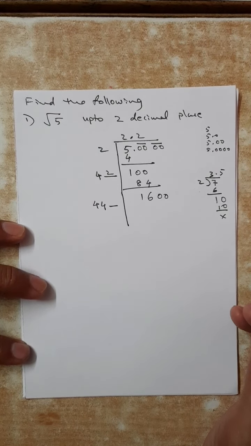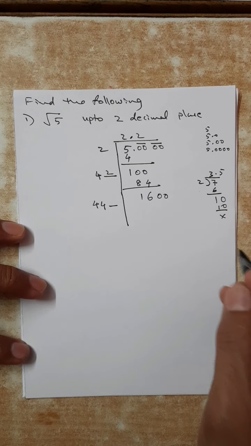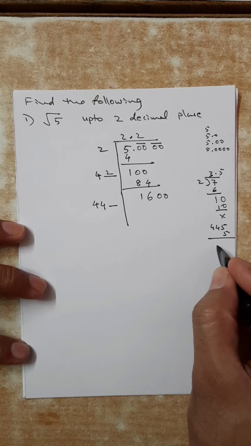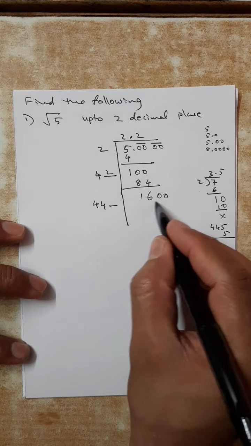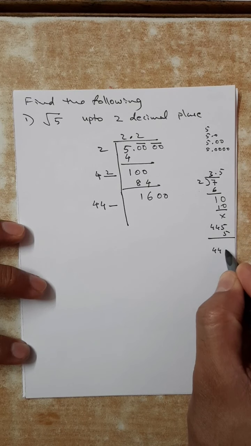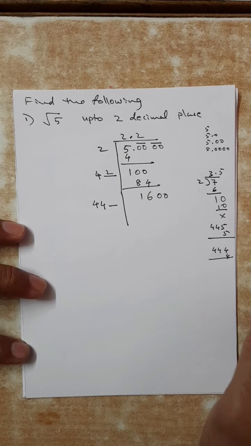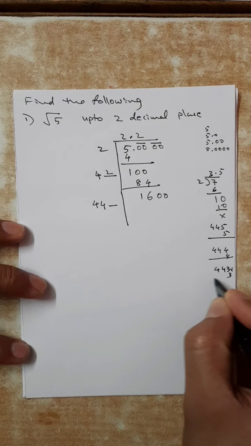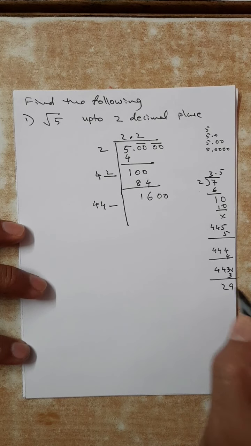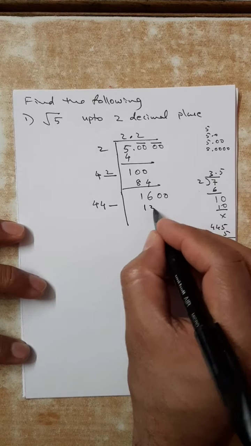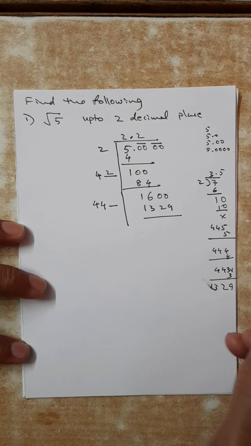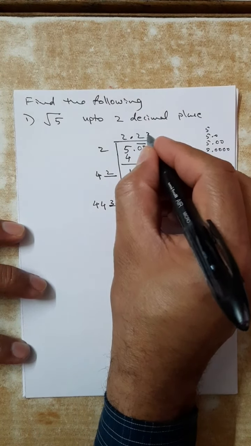Which number will go? 44 into 4? 4 5s are 20. 20 is not there. 44 into 4? That is also not there because 4 4s are 16, and the balance of these things is also there. So surely 443 into 3. 3 3s are 9. 3 4s are 12. 1 3 2 9. So which number is going? 3 is going. 2.23.